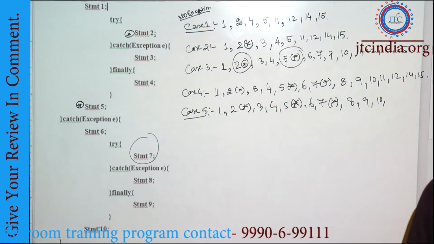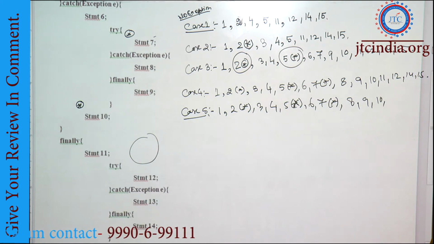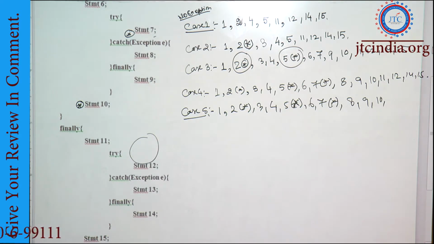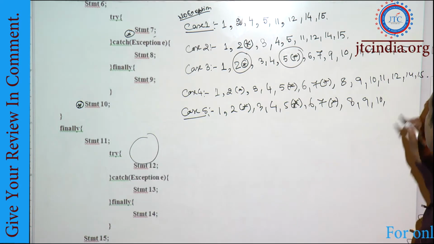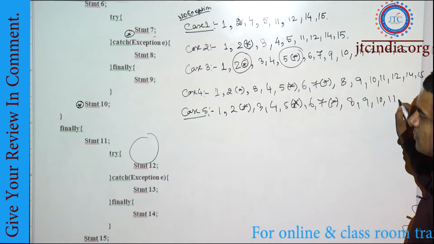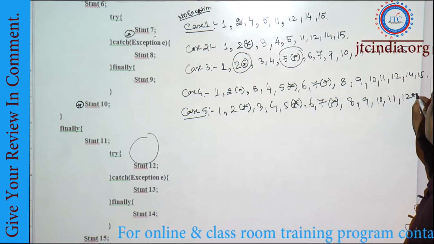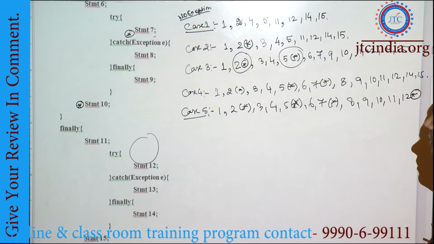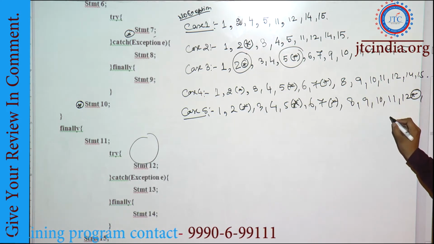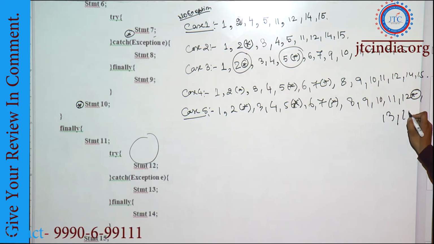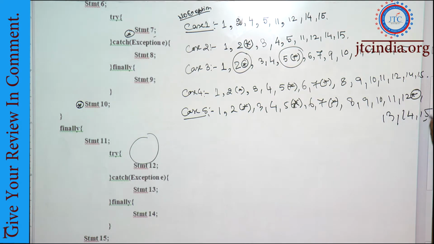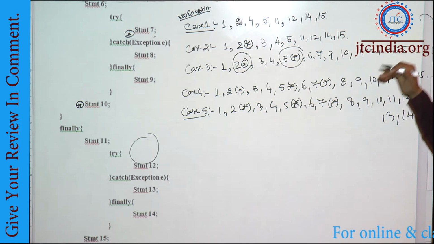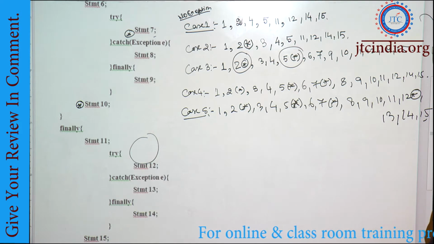Again, if we come to the finally block, in this sample code, 11 is going to be processed, 12, an exception occurred here. Remember this point. Then after that, what will it process? 13, 14 and 15.